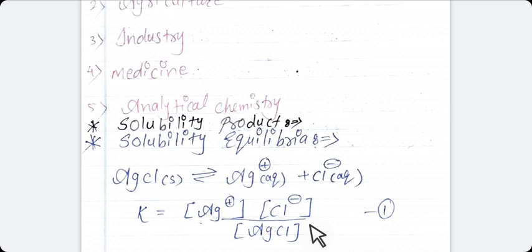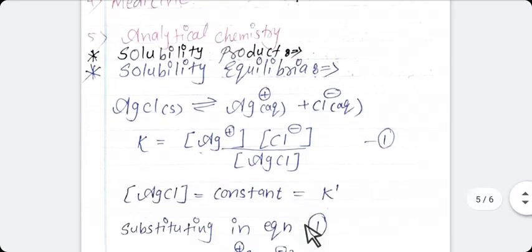The concentration of AgCl, meaning undissolved solid silver chloride, is constant.